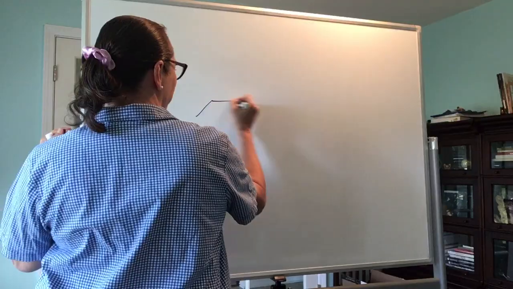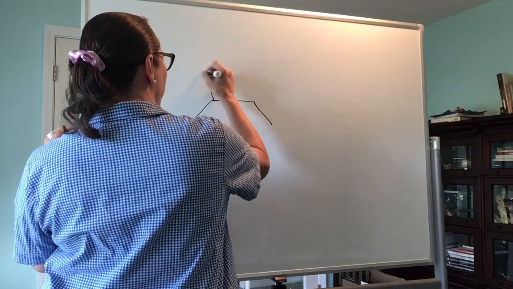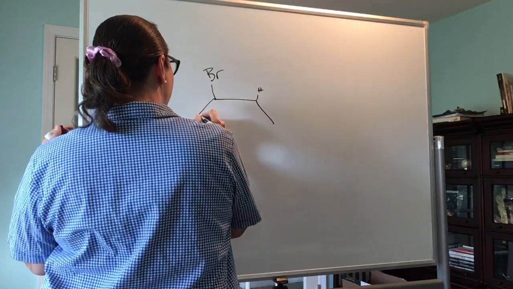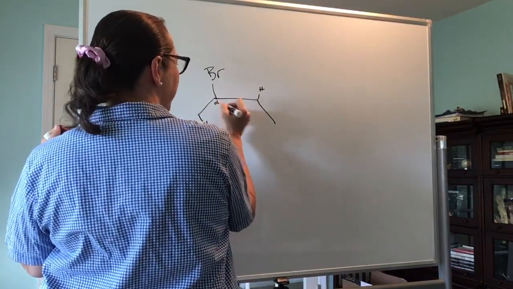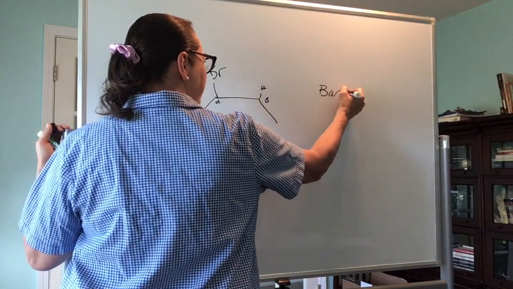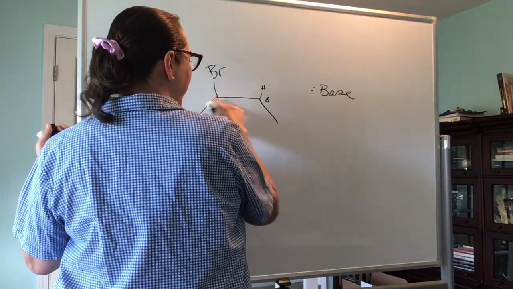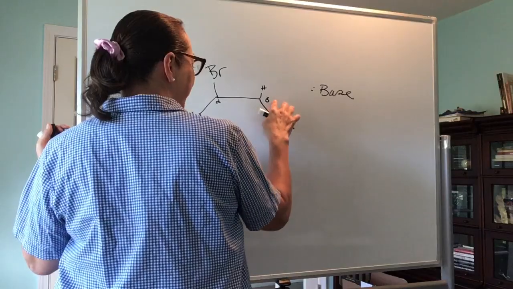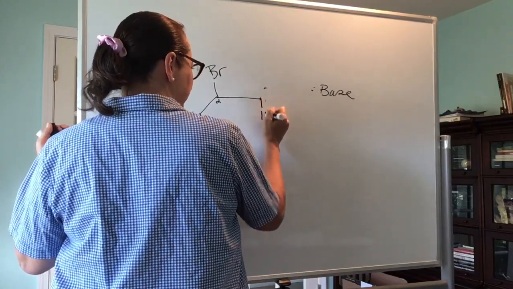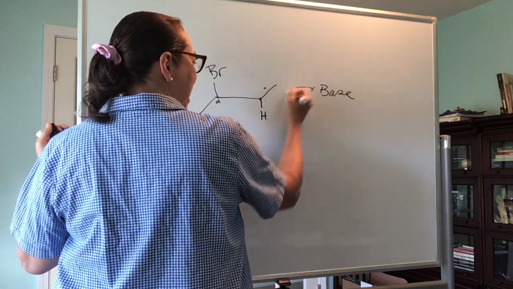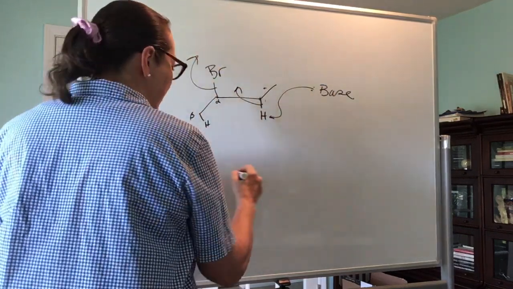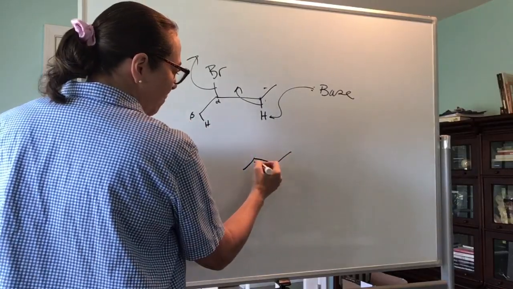So as we were doing in our previous video, if we have a leaving group and we have hydrogens that are beta to this, this is my alpha position, this is my beta position, then I know that a base, as long as the hydrogen and the bromine are in the same plane, so let's rotate this so that my hydrogen is in the same plane as my bromine, now my base can grab my hydrogen and it can force the bromine to leave. And that would give me this compound.